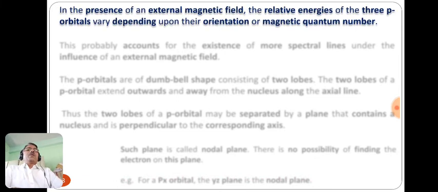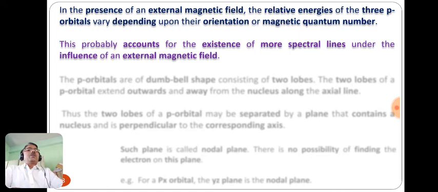In the presence of an external magnetic field, the relative energies of the p orbitals vary depending upon their orientation, or we can say depending upon their magnetic quantum number. And this explains the existence of more spectral lines under the influence of an external magnetic field.